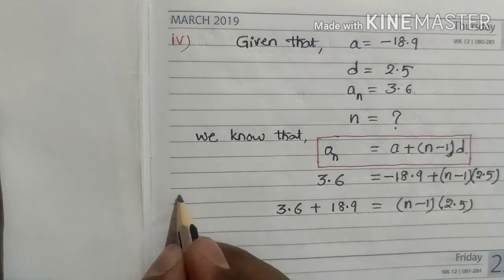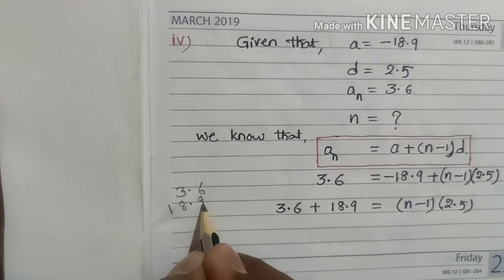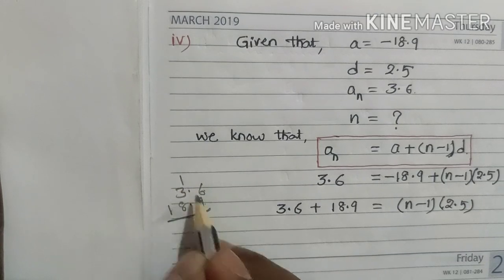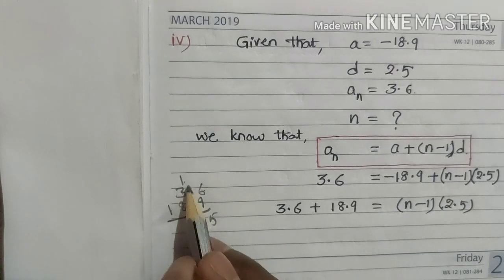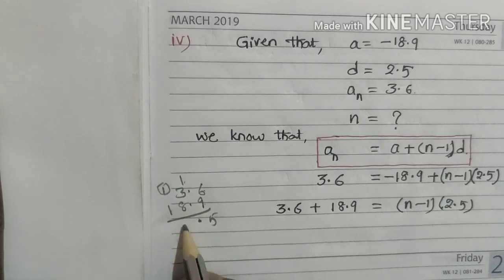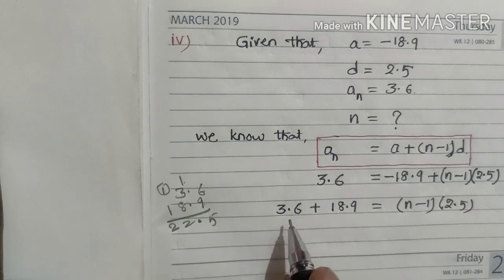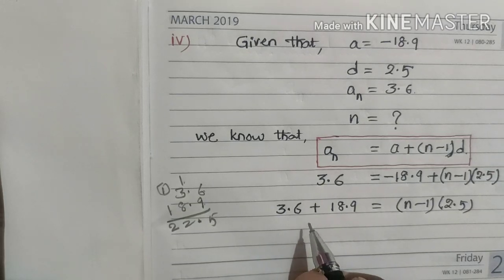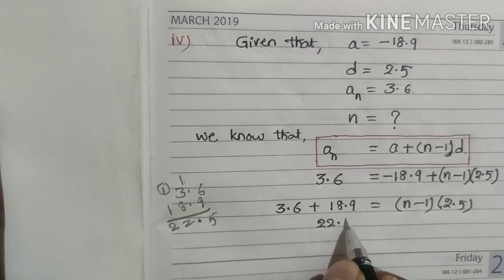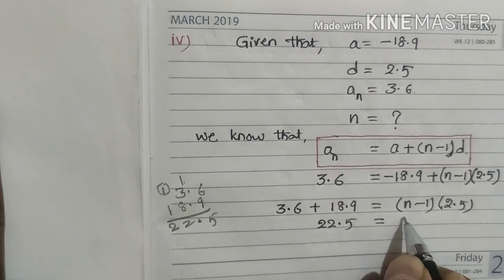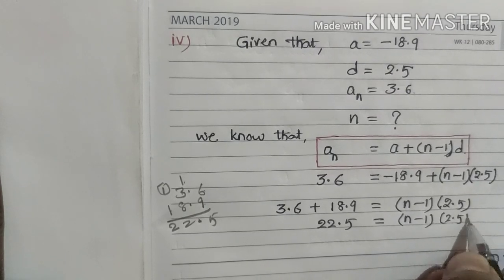When 3.6 is added with 18.9, what is the answer? 9 plus 6 is 15. The point will be the point only. 3 plus 1 is 4, plus 8 is 12. 1 plus 1 is 2. So the value of addition will be 22.5. So you can write 22.5 is equal to n minus 1 multiplied with 2.5.